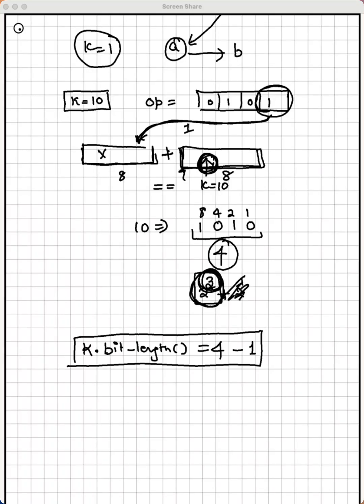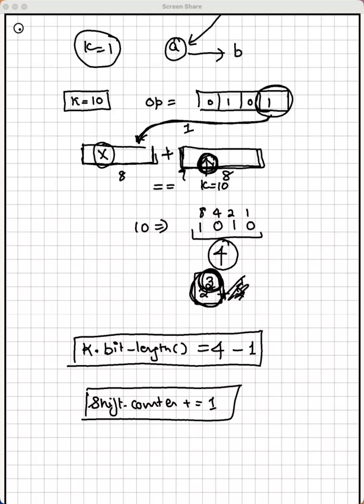Let's say the character that this came from was X. That means this had to be switched to the next, X plus 1 in its Unicode value. So let me write down here: my shift counter right now is equal to plus 1.